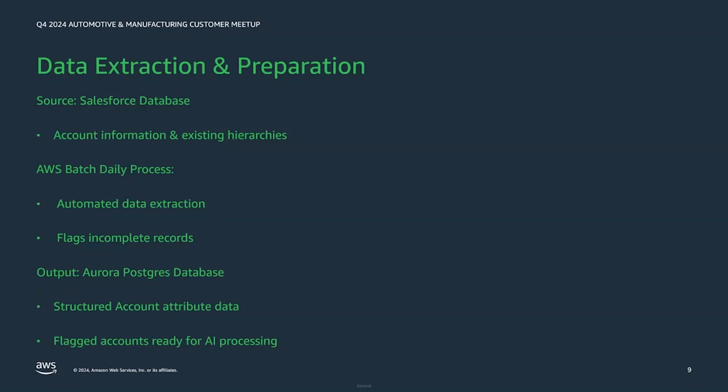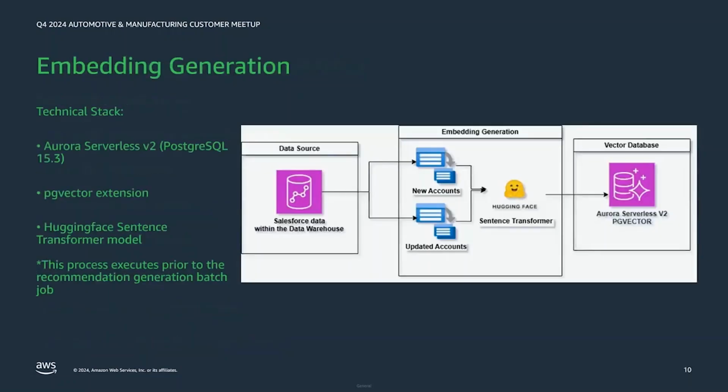So the output is Aurora Postgres, which has structured account attribute data, and it also serves as our vector database. So embedding generation, this is one of the key things that we have for our vector database.